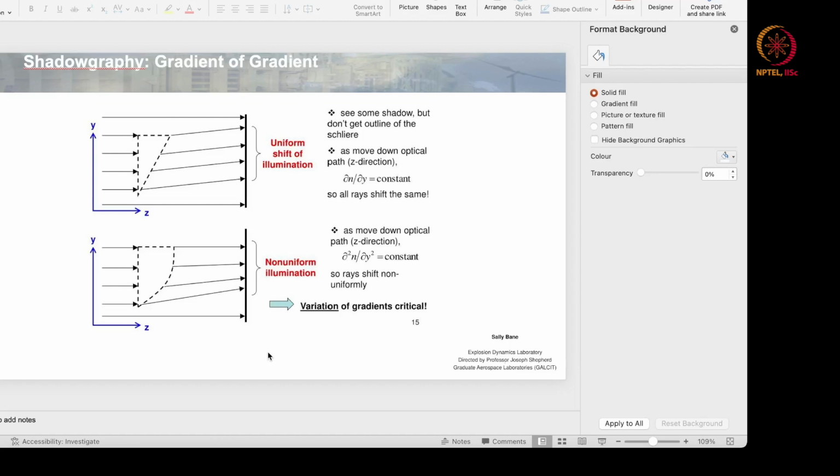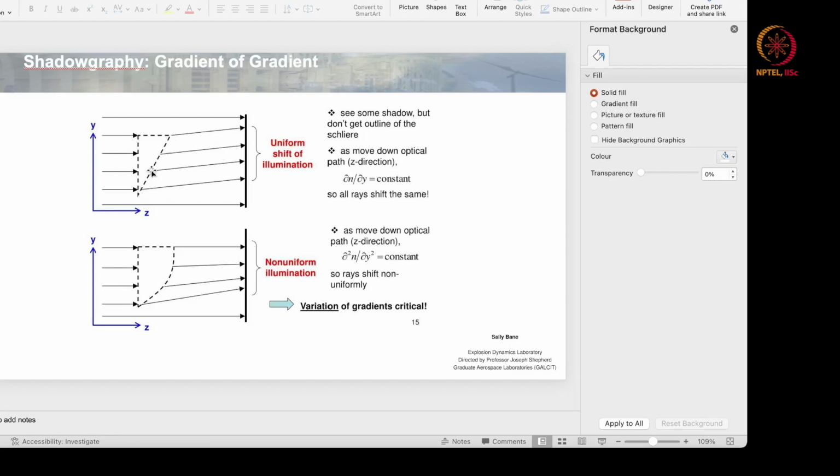So if you look at shadowgraphy in general, as we talked about before, if this was the y and the z, there could also be an x. Now what happens is that here you have a gradient of the refractive index, but this gradient is a constant. So this is how it looks. The refractive index changes linearly with y. This is exactly what is shown over here.